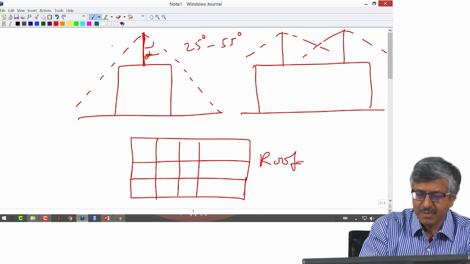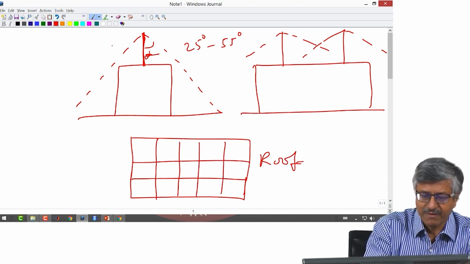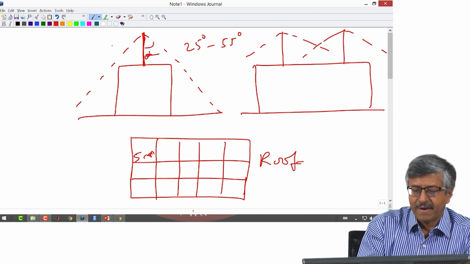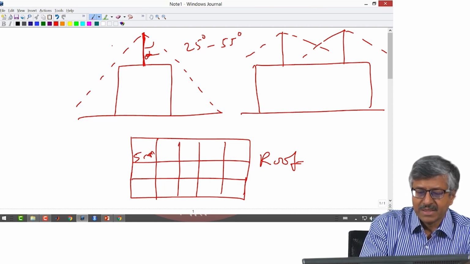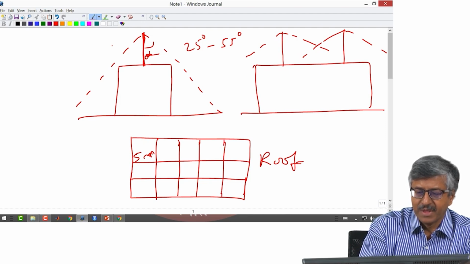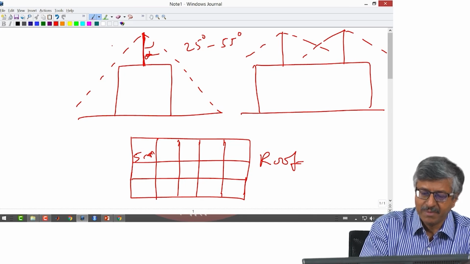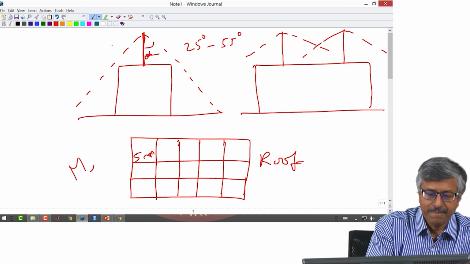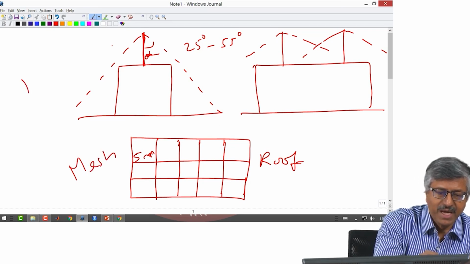So, the distance between these meshes may be 5 meter or something like that, depending upon the protection class. And most likely lightning will be striking the upward leaders coming from these conducting meshes, and the building below is protected. So, this is the mesh method.